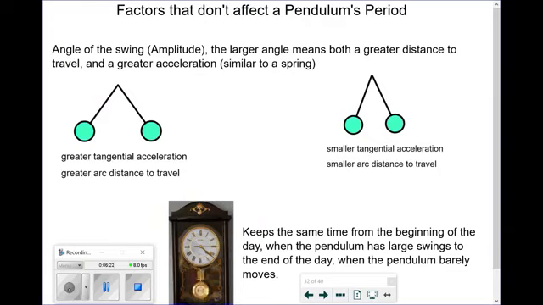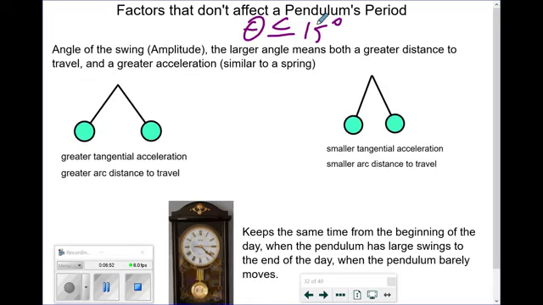Another factor that does not affect the period of a pendulum while it's imitating simple harmonic motion is the angle of the swing. There is a catch on this. This is true if the angle is less than or equal to 15 degrees. But remember, if you're beyond that, then you're not going to act like a simple harmonic oscillator. But if you're underneath this restriction, then the angle does not affect the period at all.